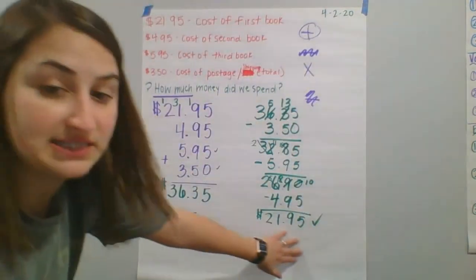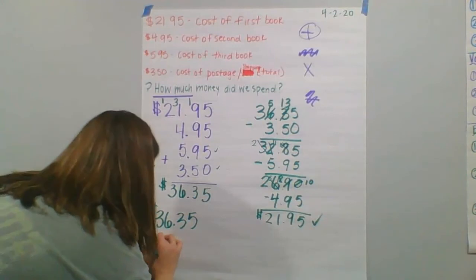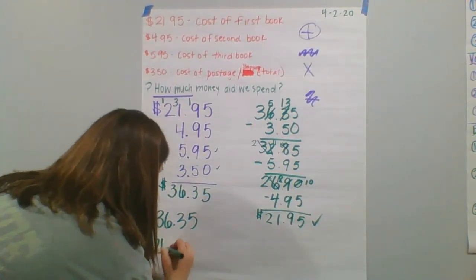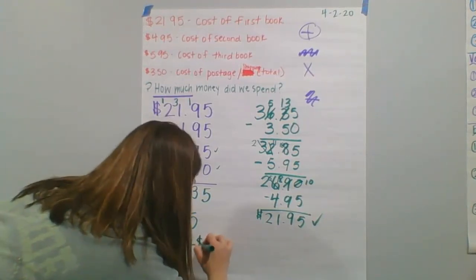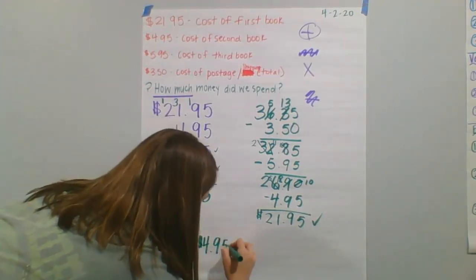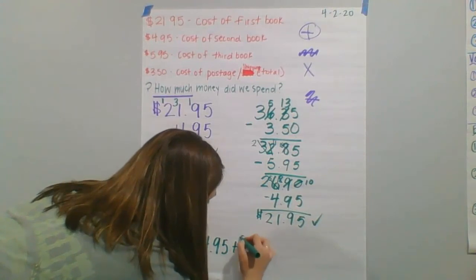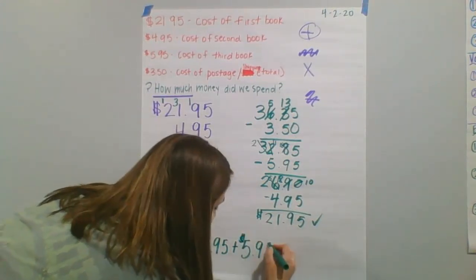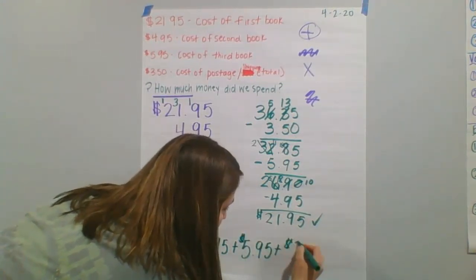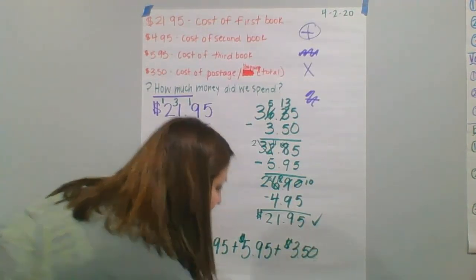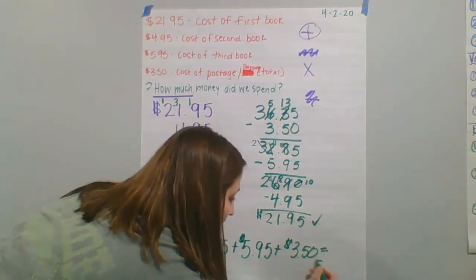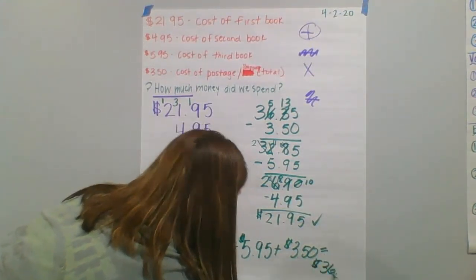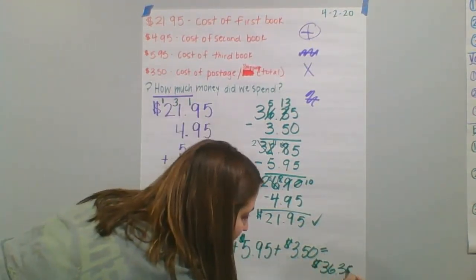You could just list them straight out as $21.95 plus $4.95 plus $5.95 plus $3.50, and that's going to equal your answer of $36.35.